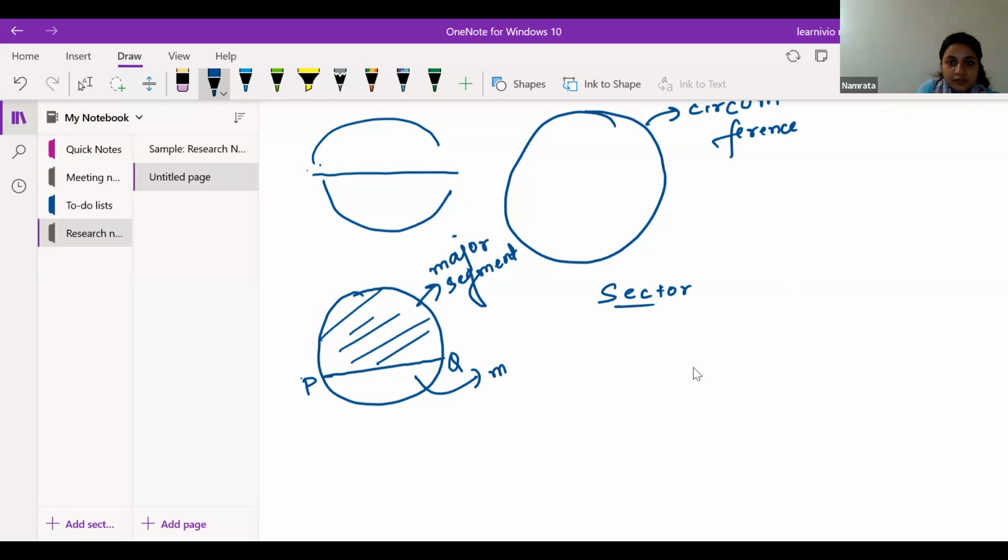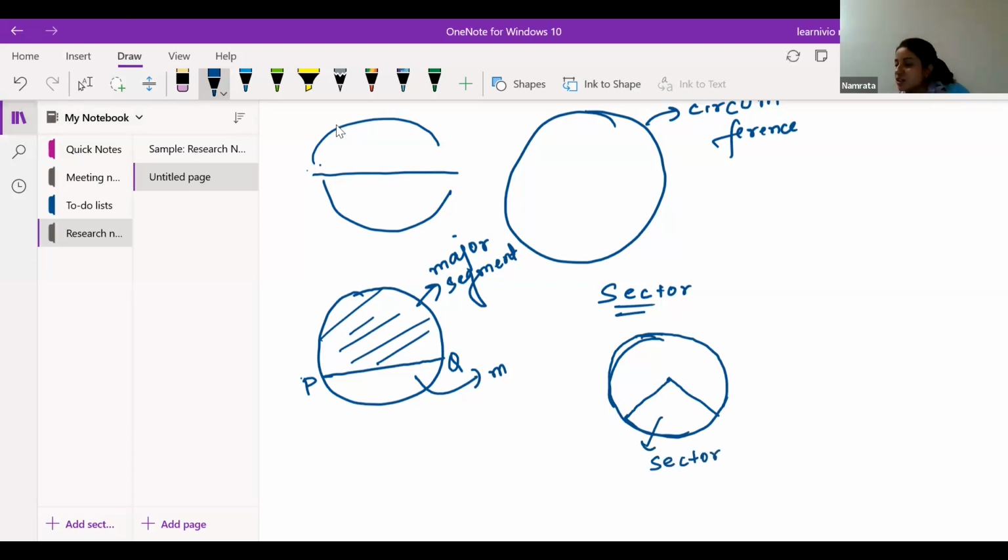So whenever we have a circle, and if we draw a radius like this and this radius, then this part is called the sector of the circle. Now the definition of sector says the region between an arc and its two radii.